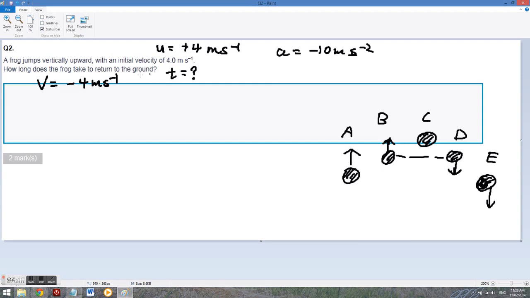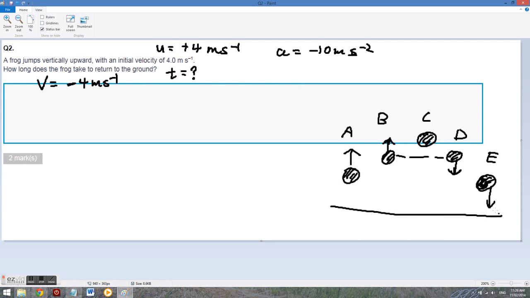Similarly, if the frog starts the jump at 4 meters per second, when it lands it should have the same speed but in the opposite direction. So we have minus 4 meters per second.